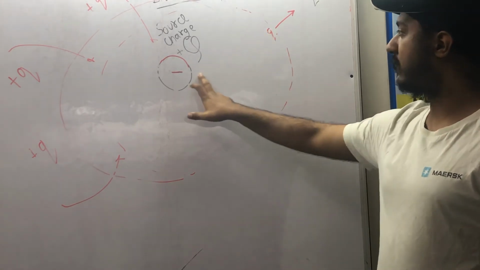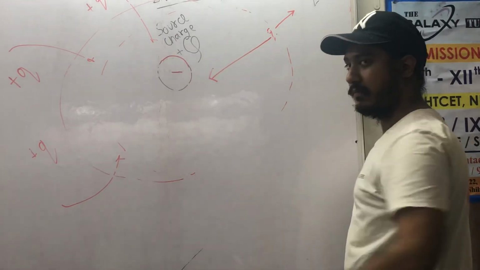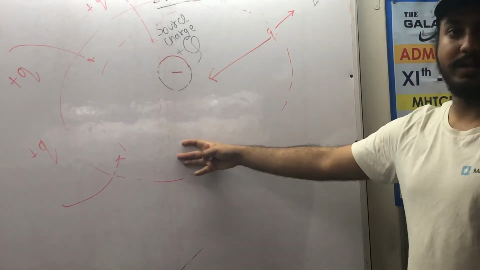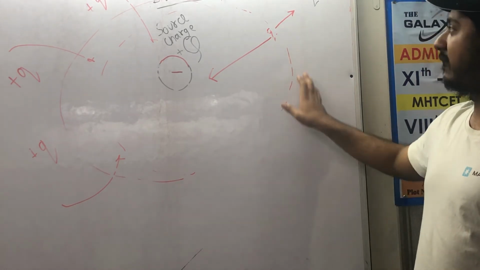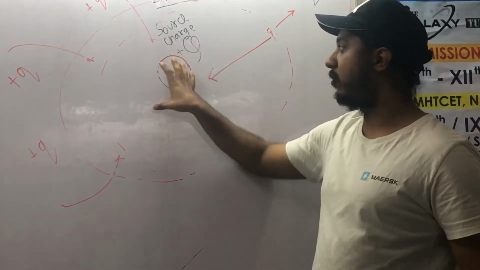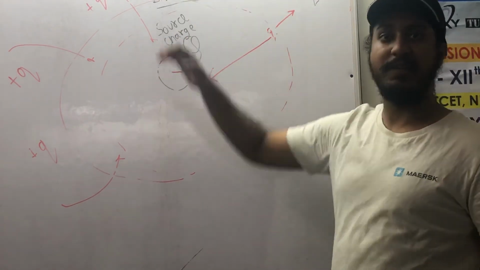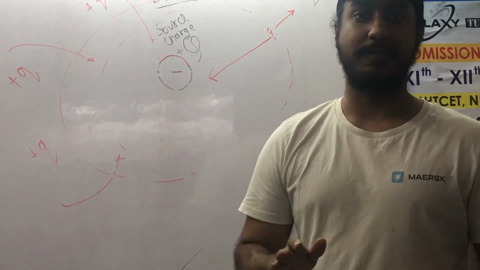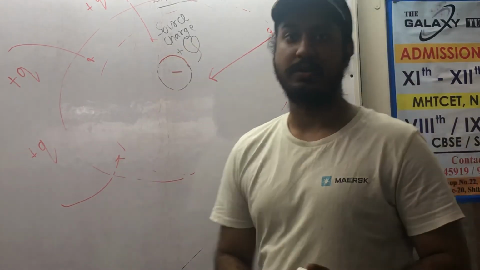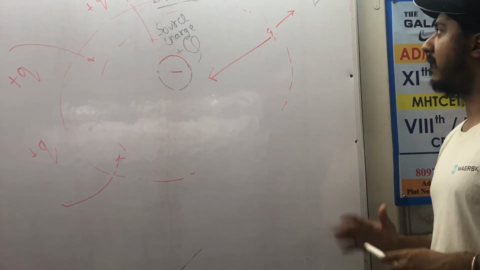This plus Q charge would have been pulled inside. So electric field is basically the space around this source charge in which whenever I bring a charge, it will experience some force. That force can be attractive or repulsive, depending upon the source charge. I hope that is clear. So this is the electric field.